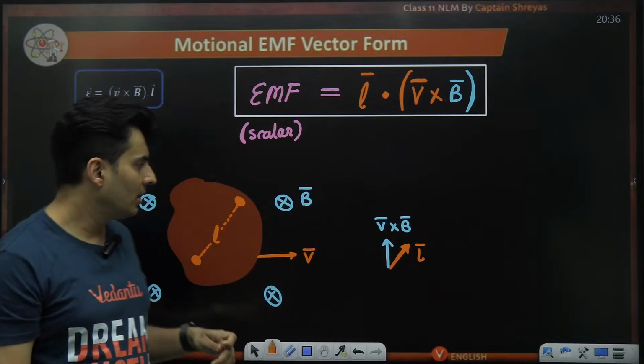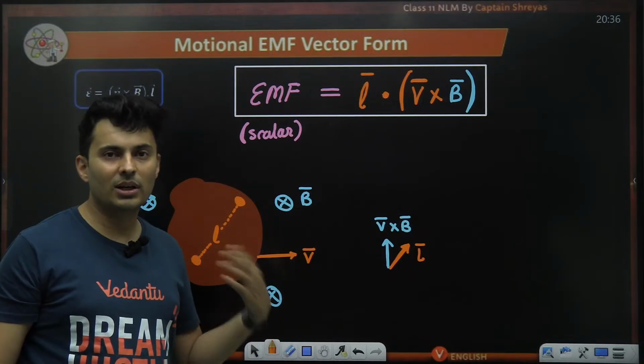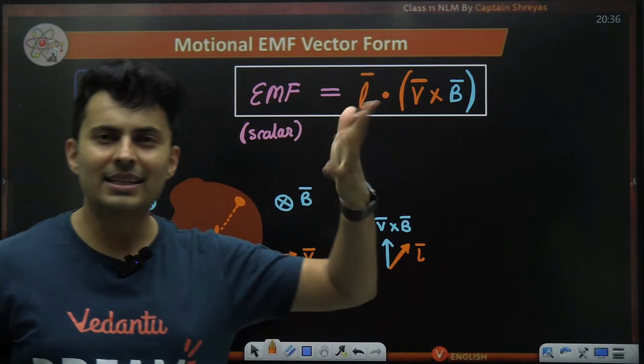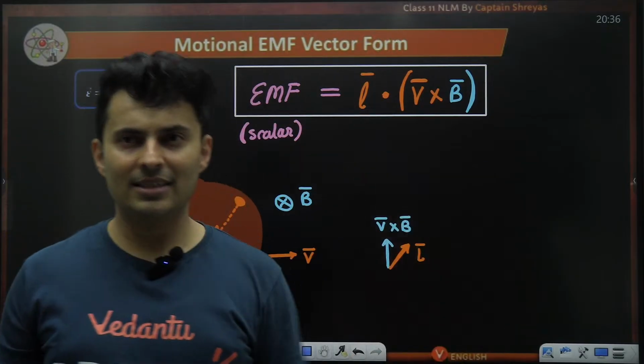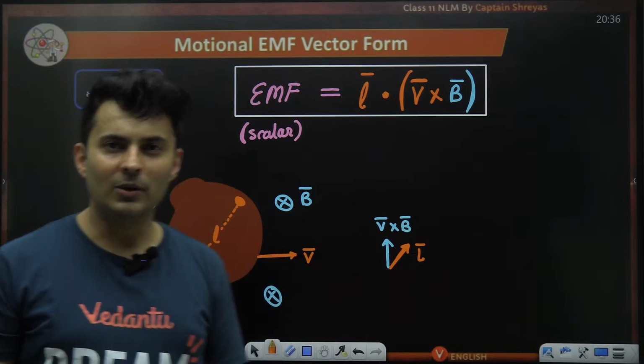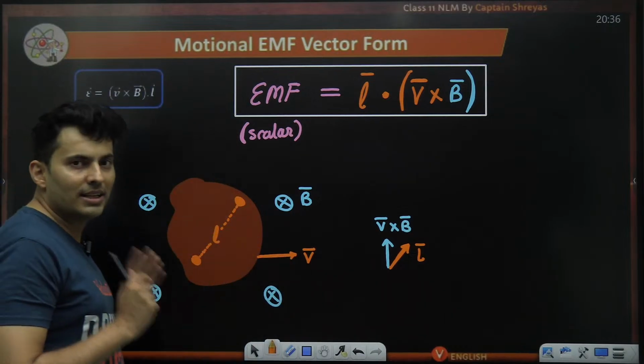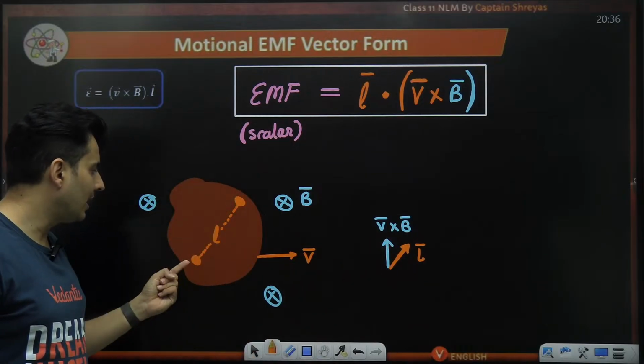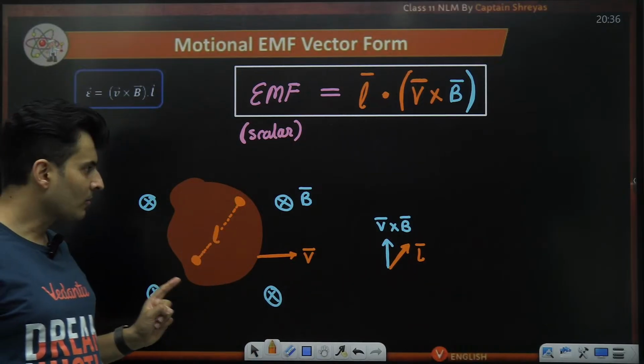Now please remember, how do I know whether it is positive or negative, or which side is positive voltage, which side is negative voltage? Can you take a guess, my dear students? It's very simple. If you take the L vector like this, because L is a length, I can take it this way also, this way also.